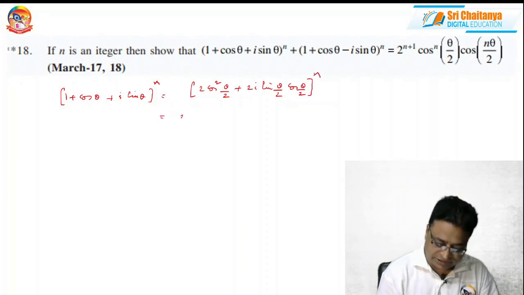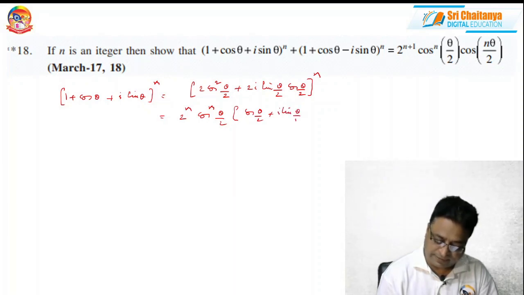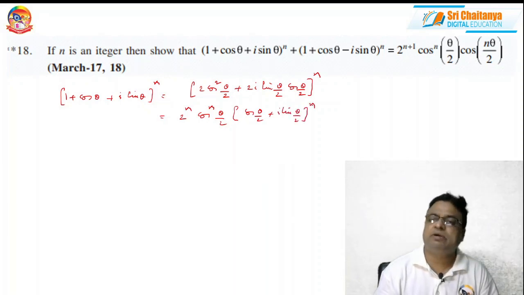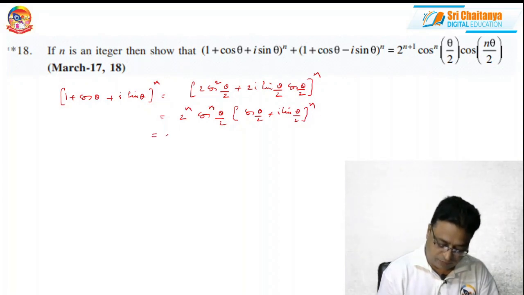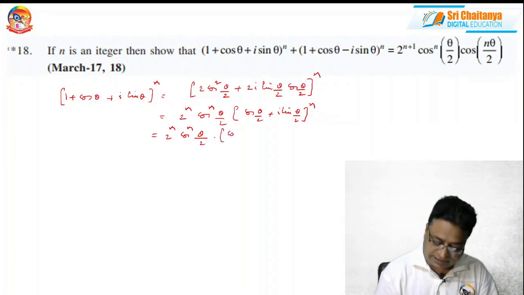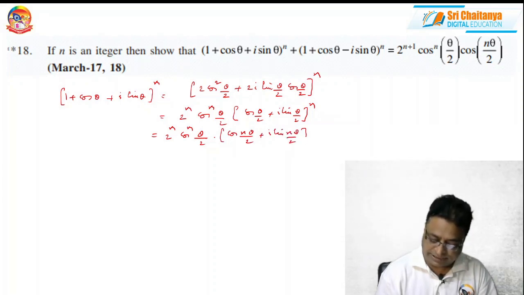This I can write as 2 power n cos power n theta by 2 into (cos theta by 2 plus i sin theta by 2) whole power n. So by De Moivre's theorem, this is 2 power n cos power n theta by 2 into (cos n theta by 2 plus i sin n theta by 2).